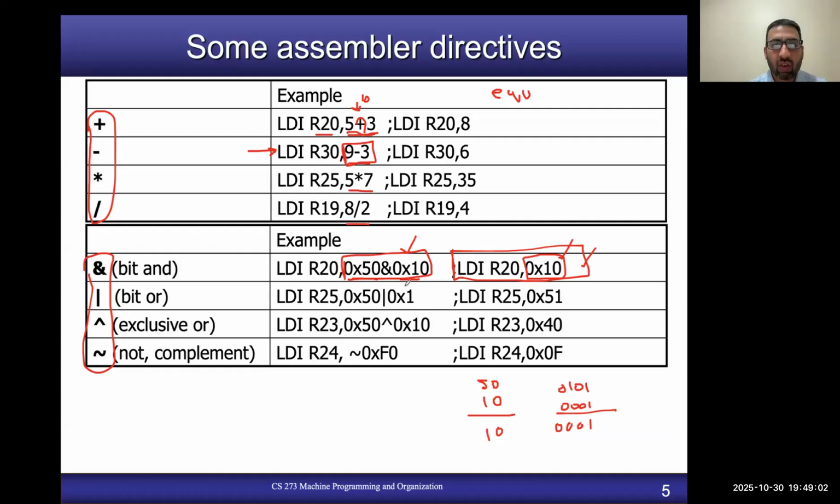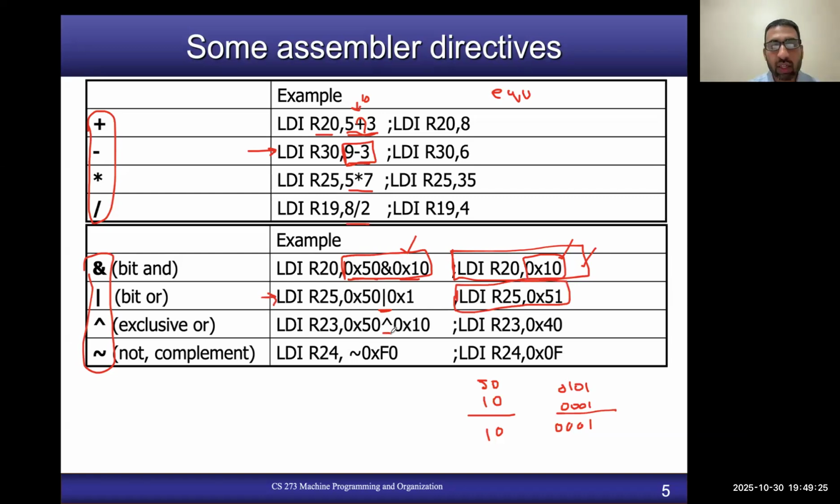The same is true for the expression involving an OR operation. Here first the OR operation will be performed between 0x50 and 0x10, which is equal to 0x51. So the assembler will replace this with its equivalent form here, and then this form will be executed by your hardware or the microcontroller.